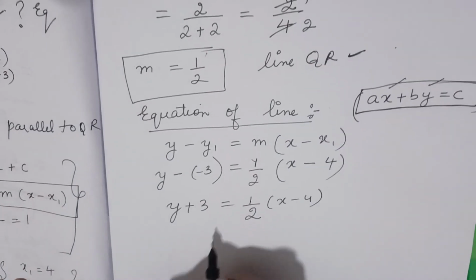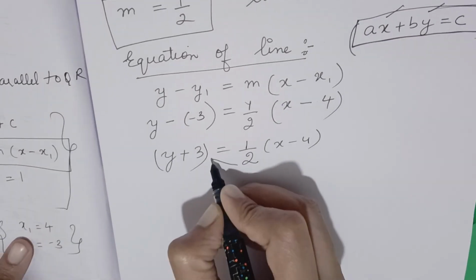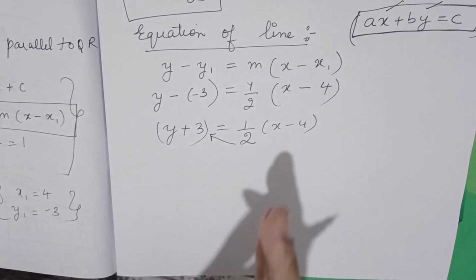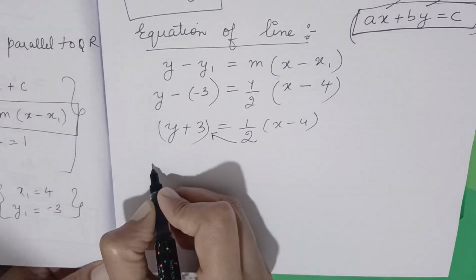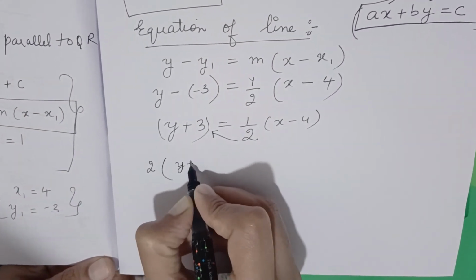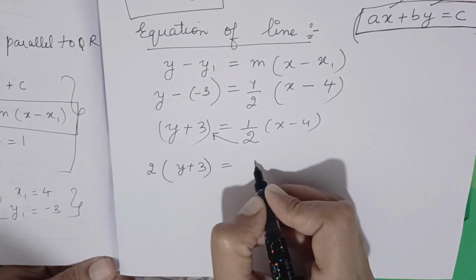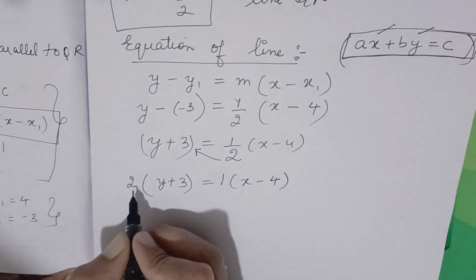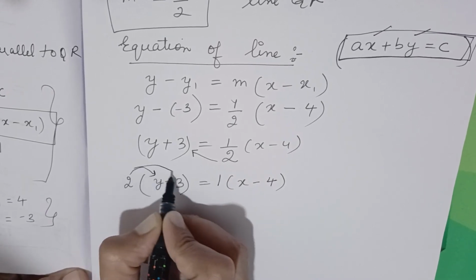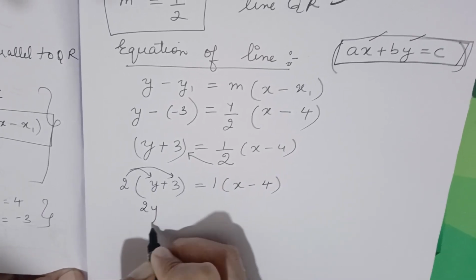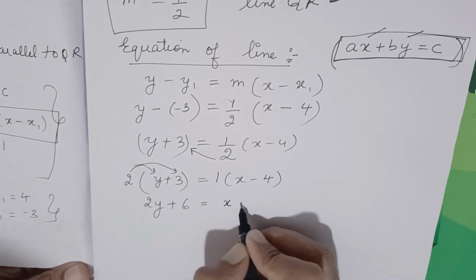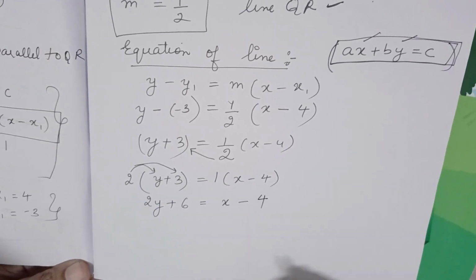Now we can simplify this. This 2 we can shift to this side. Here it is getting divided, so when you shift it to the other side, it will get multiplied. Here I am only left with 1 into x minus 4. This 2 will multiply: 2 into y, 2y plus 2 into 3, 6. 1 into x is x, minus 1 into 4 is 4.